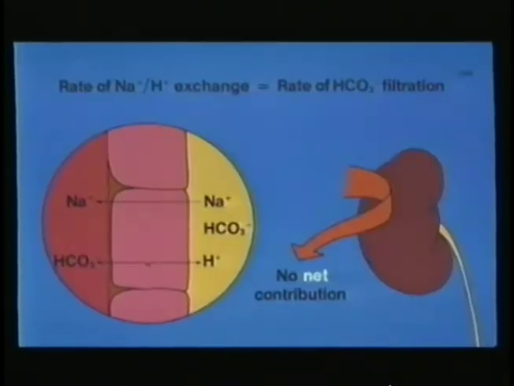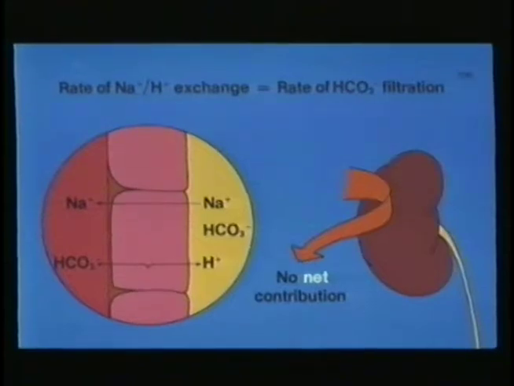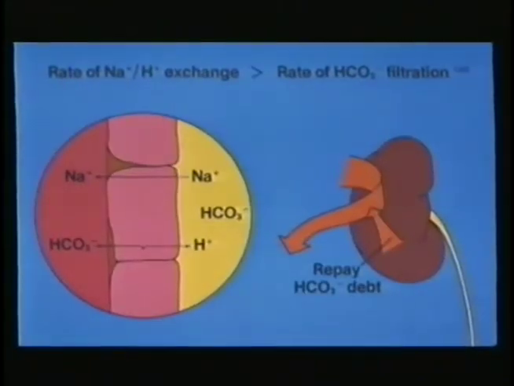45. If the rate of sodium-hydrogen exchange were equal to the rate of bicarbonate filtration, the available bicarbonate ions would merely cycle through the kidney without increasing their number in the body. If the kidney did nothing more than prevent the excretion of filtered bicarbonate into the urine, no net contribution to body bicarbonate stores would result. 46.